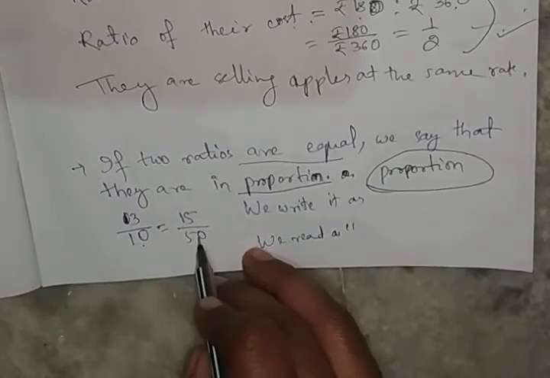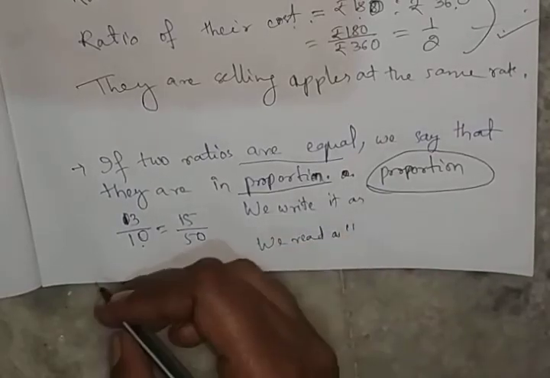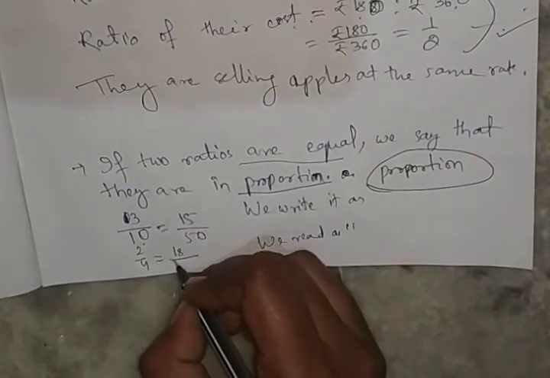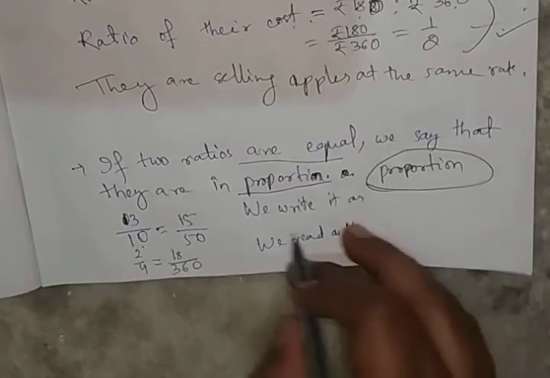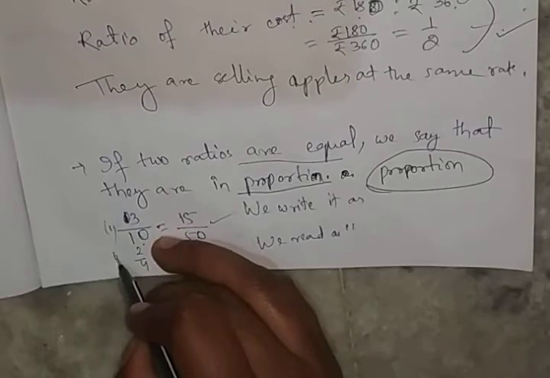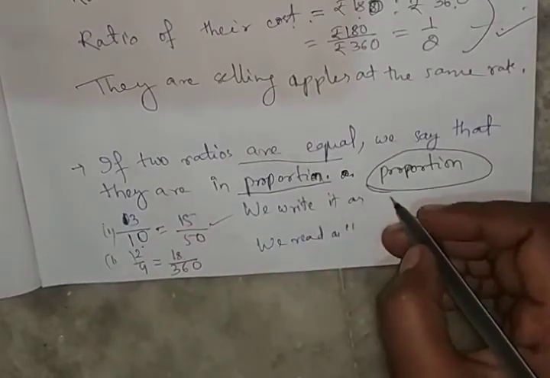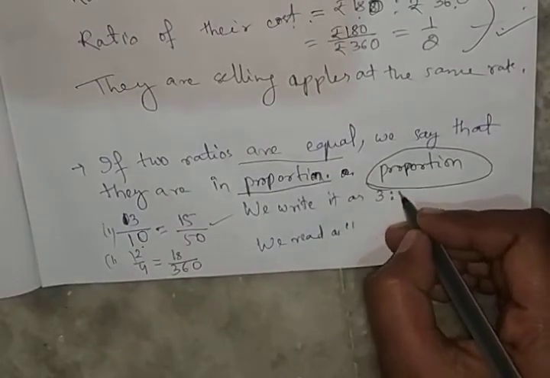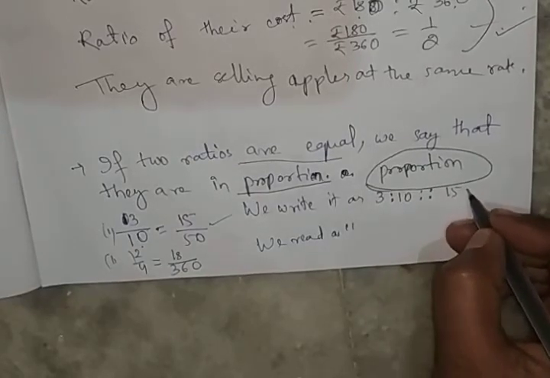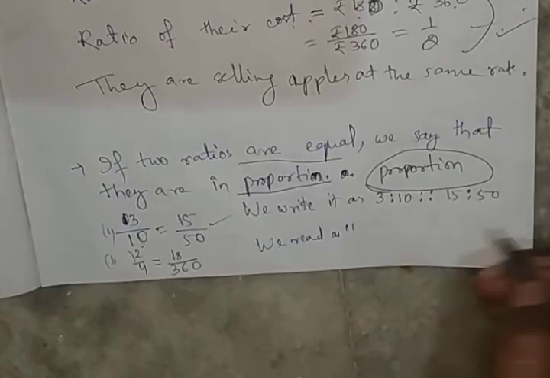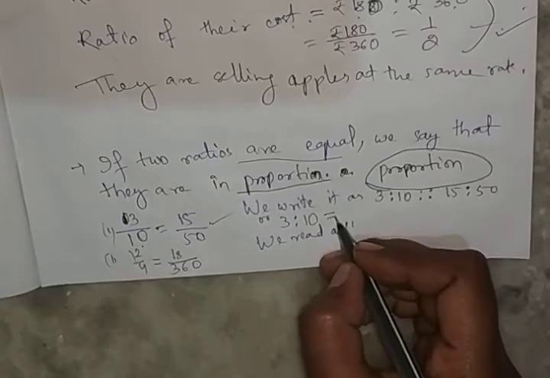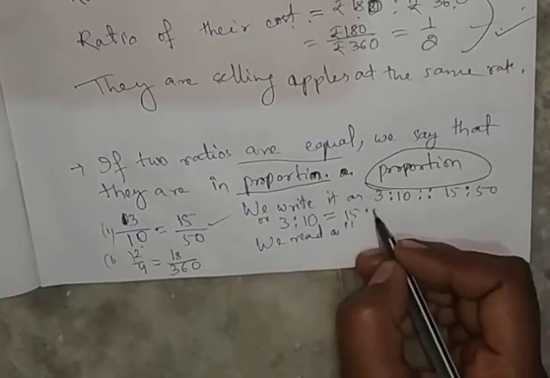3/10 is equal to 15/50. Or there we have written 2/4 equal to 180/360. We write it as 3:10 is proportion to 15:50, or you can write it as 3:10 equal to 15:50.